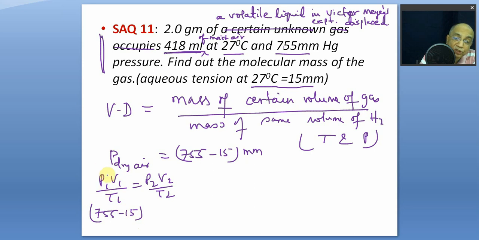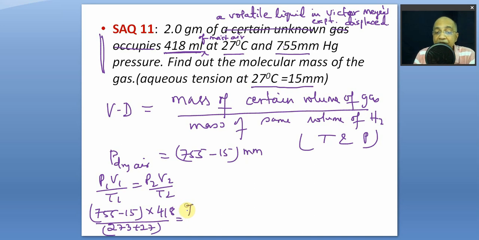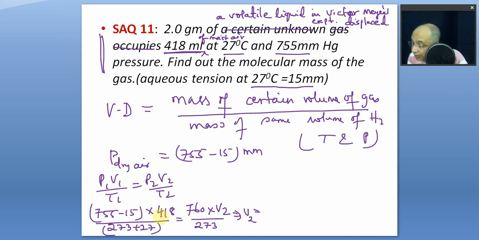So let us convert: P1 V1 by T1 is equal to P2 V2 by T2. P1 is 755 minus 15, the pressure of the dry air, V1 is 418, T1 is 273 plus 27, that is 300, P2 is the standard pressure 760, T2 is 273, and V2 comes to 370.37 ml. This is the STP volume.